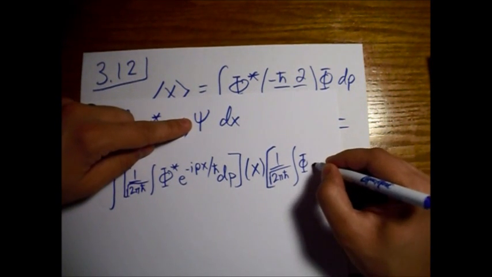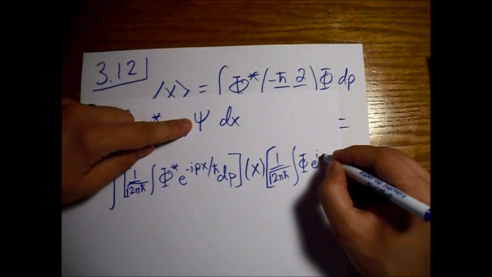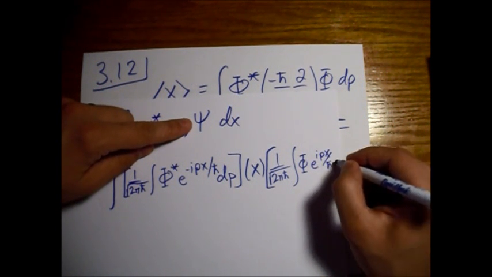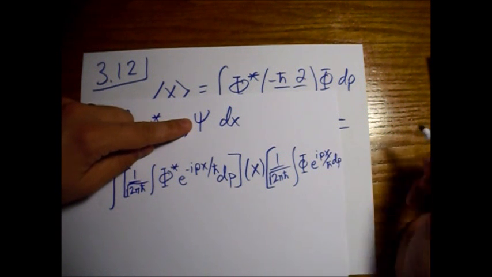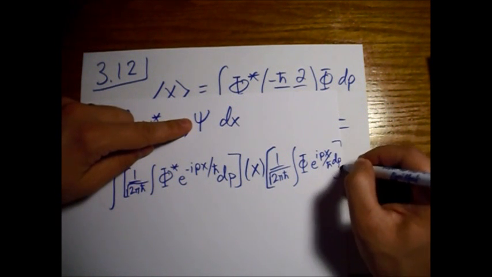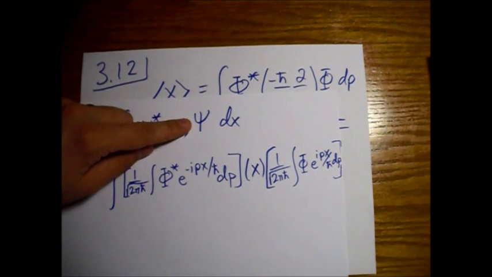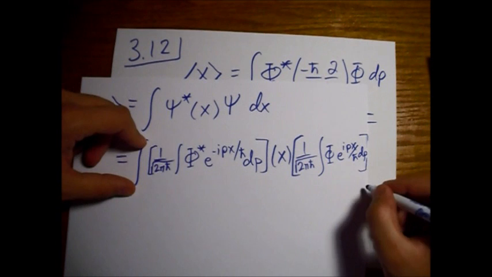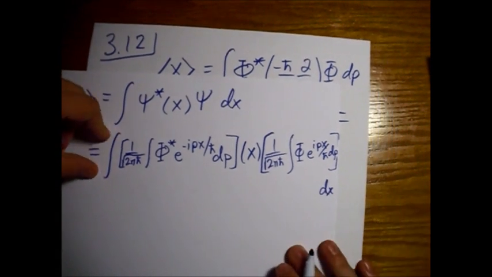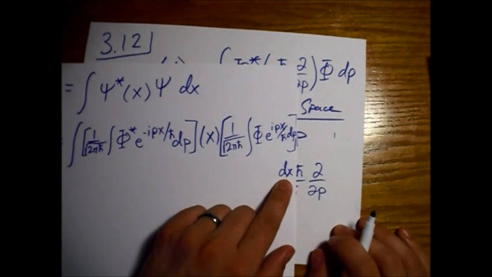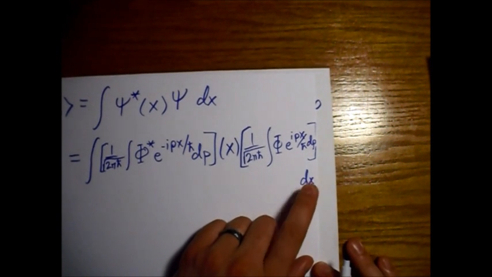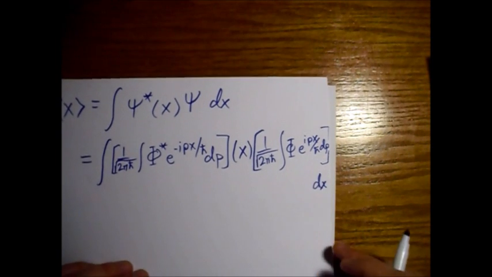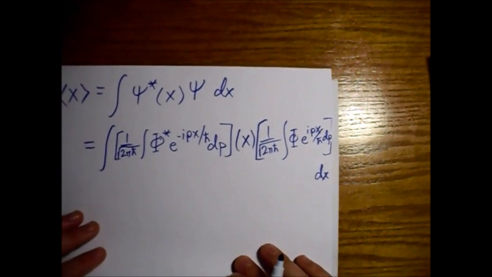And then it's e to the plus i p x over h bar, and this is integrated with respect to momentum. And this integral way out here that we probably forgot about by now is with respect to position. I may have slipped up when I spoke.